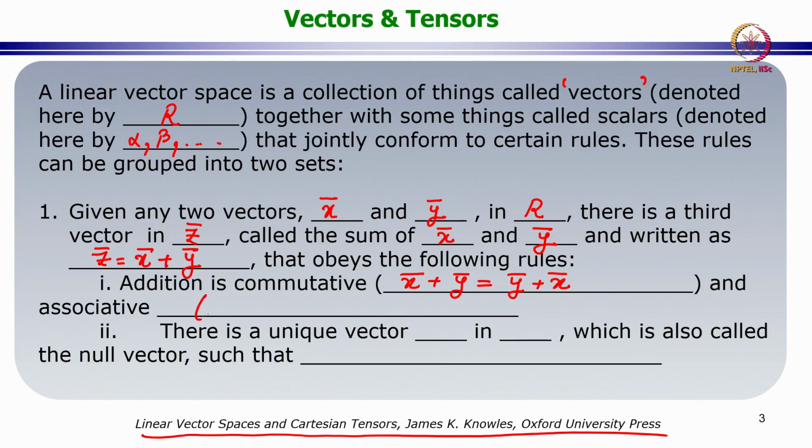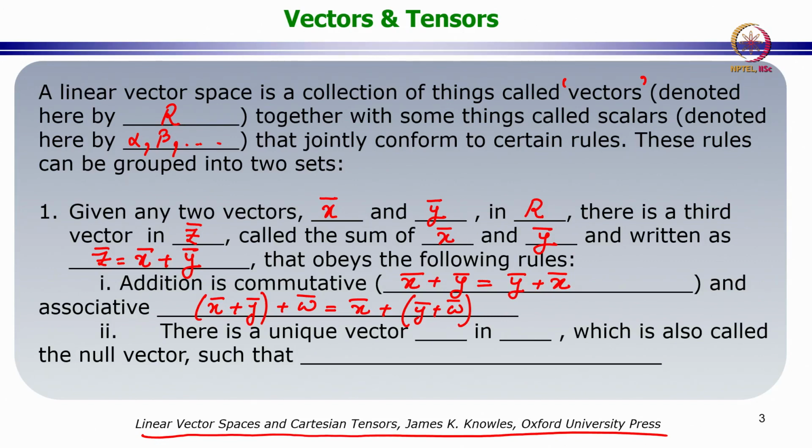So if you are doing, let us say, x plus y plus, there is another vector w, then this is the same as x plus the sum of y and w: you first add y and w and then add to x. So these are the commutative and the associative rule.